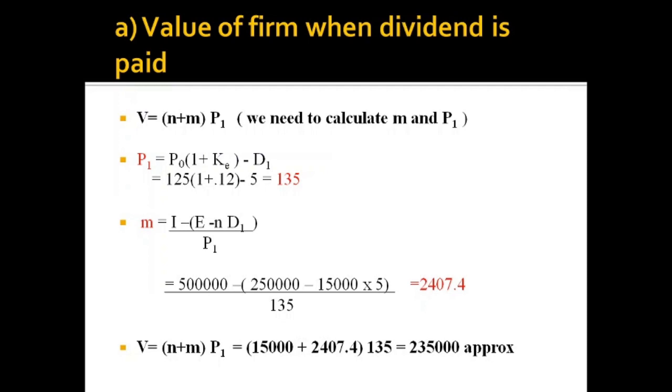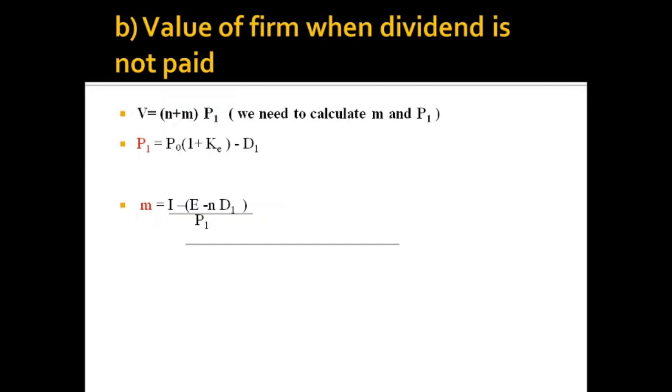Now we want to calculate the value of the firm when the firm is paying zero dividend. The equation is the same, V is equal to (N plus M) into P1. We need to calculate M and P1. P1 changes because the dividend here is not 5, it is 0. So 125 into 1.12 minus 0 is equal to 140. So the P1 value changes to 140. Now we can calculate the M value, that is 5 lakh minus (2,50,000 minus 15,000 into D1, which is 0 here), divided by 140.